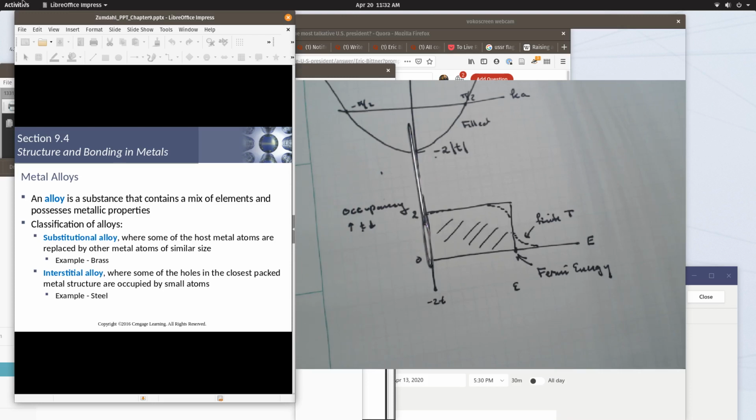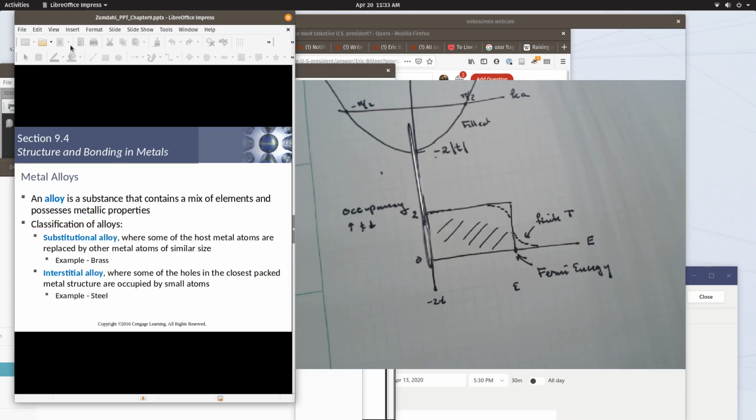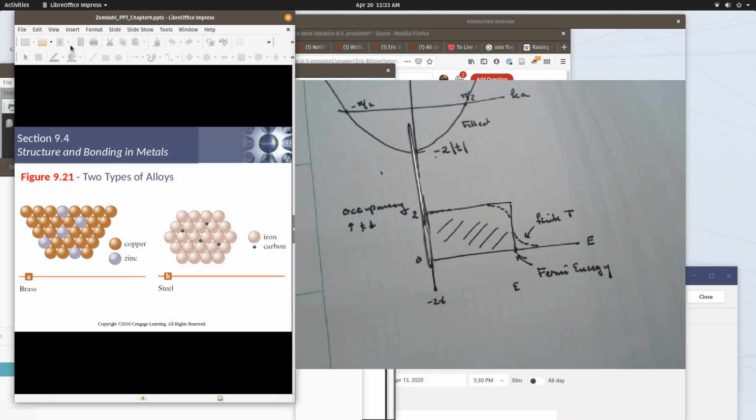Carbon steel is where I pack carbon into the interstitials between irons, and the amount of carbon in a system determines the properties of the carbon steel. It makes it more brittle, less brittle, more malleable, less malleable, and it's what gives rise to the properties of knives and steel objects. Brass, for example, is a substitutional alloy, where I replace copper with zinc to make brass and bronze and other things.